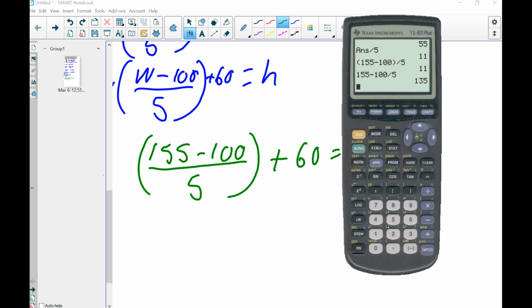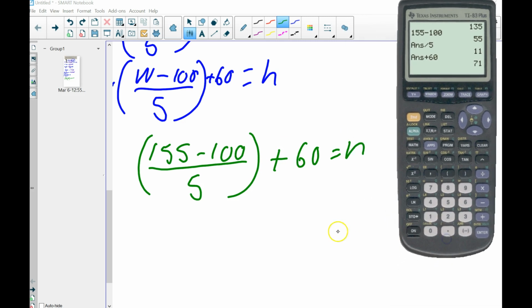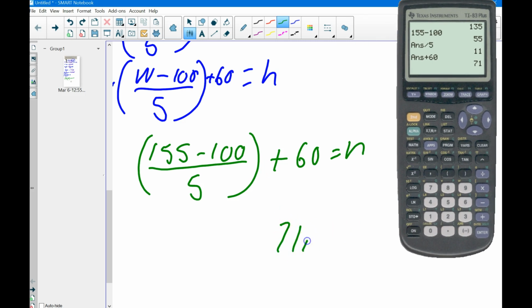So I'll just do it again. 155 minus 100 equals 55, divided by 5 equals 11, plus 60 equals 71. So once again we have 71 inches equals the height. And there you go.